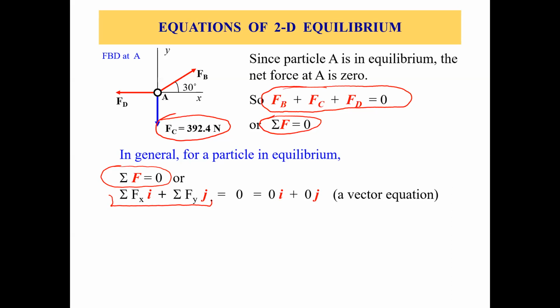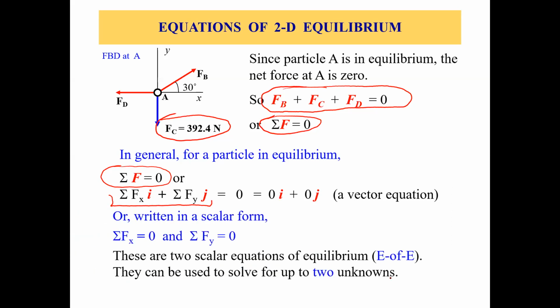So we can also say that summation of forces in X direction equals 0 and summation of forces in Y direction equals 0, right? So these are the two equations of equilibrium for two-dimensional space, 2D space. Sigma Fx equals 0 and sigma Fy equals 0, right? You have already learned that in your physics course, so this is just a repetition.